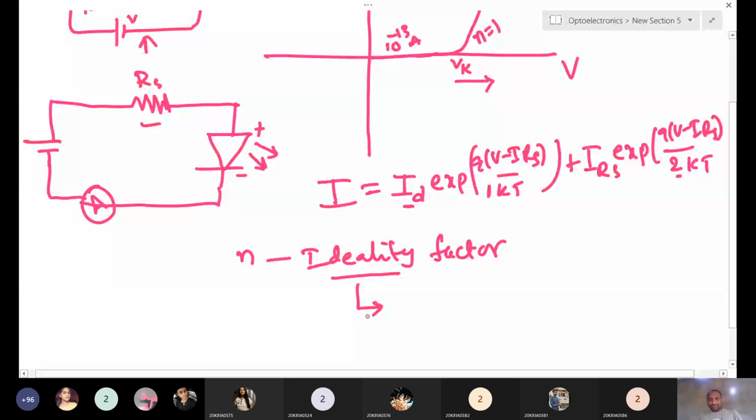Ideal means perfect. The ideality factor indicates how perfectly our device is working, how the device performance is actually following the ideal. Suppose in our device we have fabricated an N layer and a P layer.